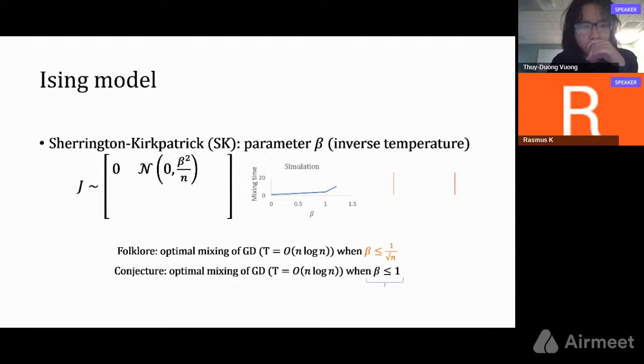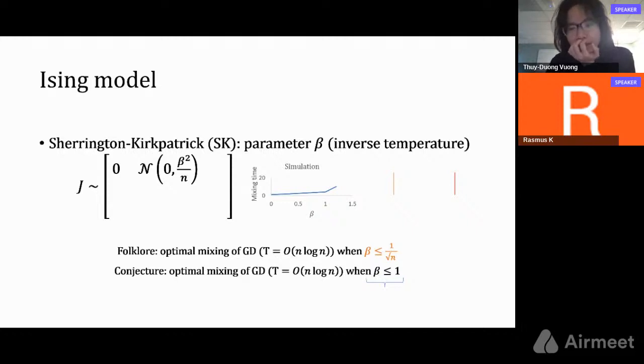Specifically for the Ising model, and more specifically the Sherrington-Kirkpatrick Ising model that I mentioned two slides ago, we have some simulations for small systems where we found that the mixing time increases as the parameter beta, the inverse temperature, increases.